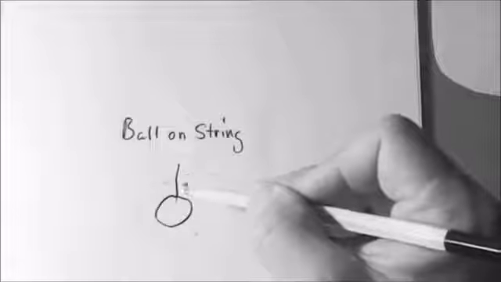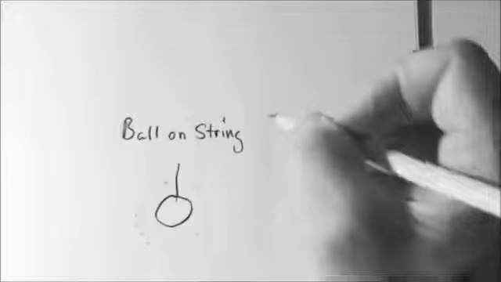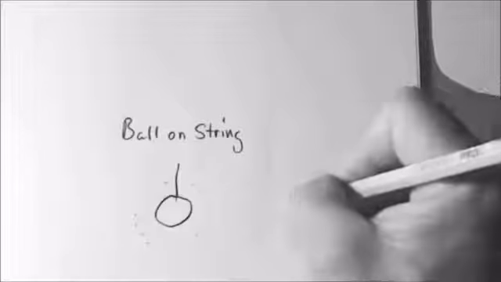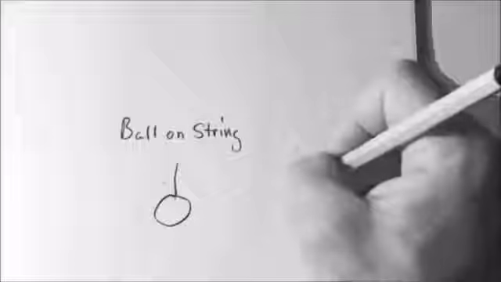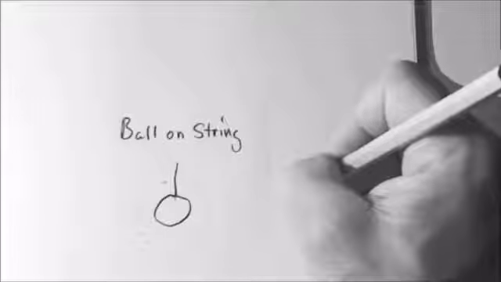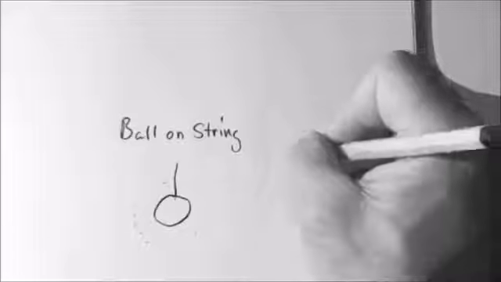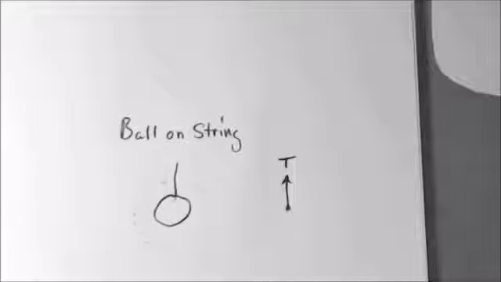Well, one thing that's touching the circle is the string, right? So if I represent now the ball as just a little dot, there is definitely something holding up the ball, and that is the tension in the string. That's what we call a contact force.